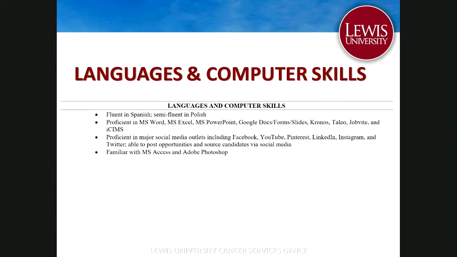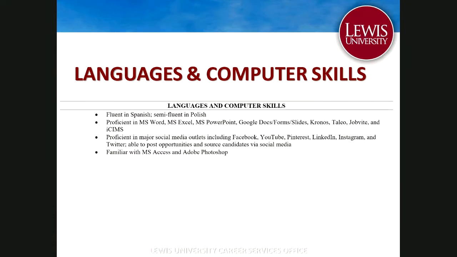And so if you are fluent in another language, keep in mind that your prospective employer might start interviewing you in that language. So do not list that you are fluent in a language if you truly are not fluent in the language. Then the next part of this section will include your computer skills. And that's where you're going to list your basic computer skills, your Google Docs, your Microsoft Word, Excel, those types of products.